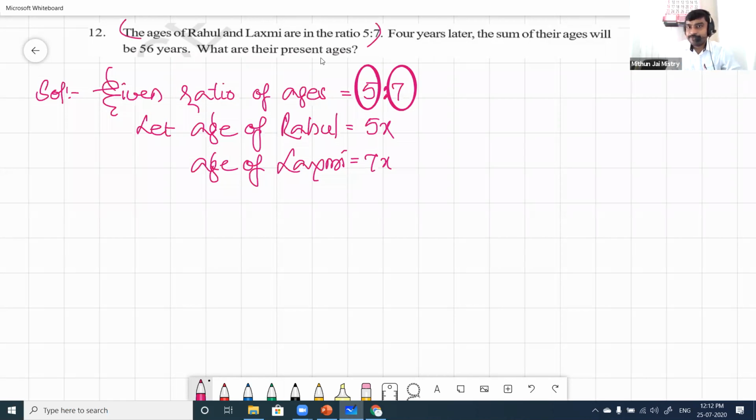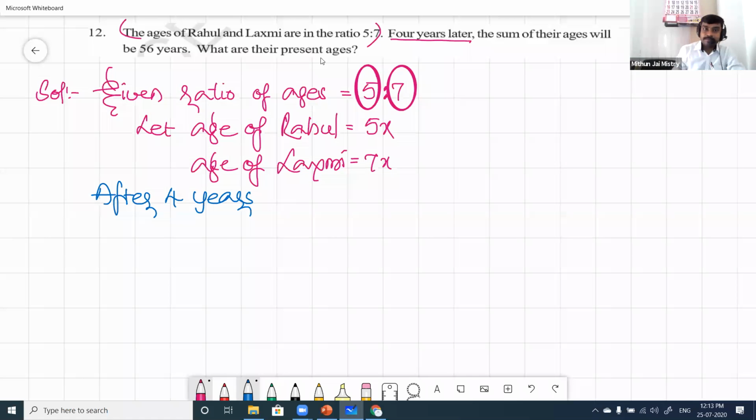Now coming to the second line, 4 years later means after 4 years. Let me write here, after 4 years, what will happen? See children, think. If Rahul's present age is 10 years, after 4 years, what will be his age? 14. Why? 10 plus 4.